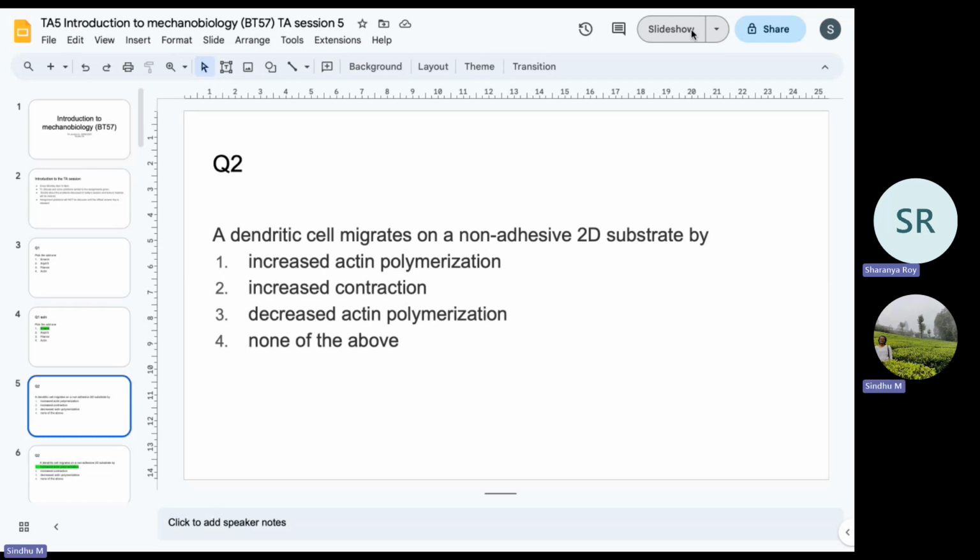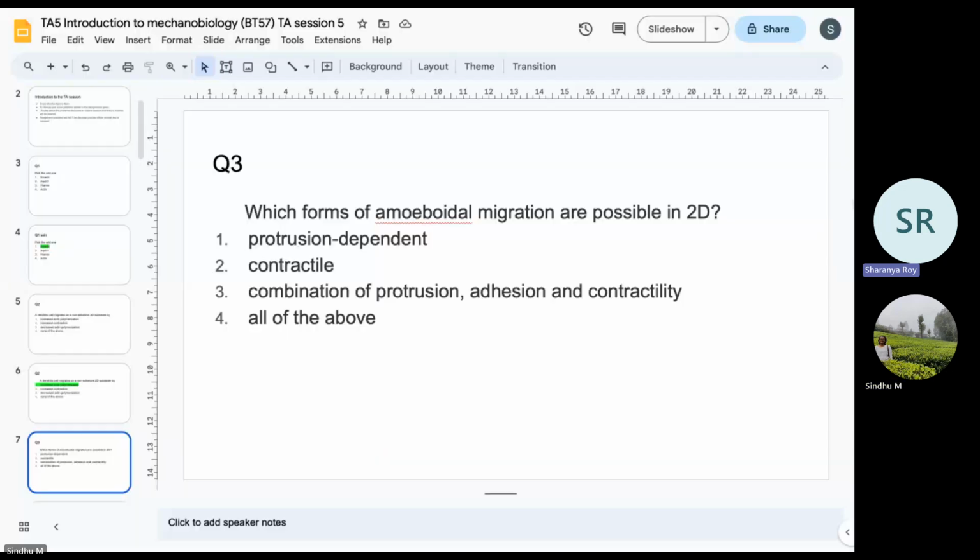The third question slide is visible. You can see the third question, right? It's loading.